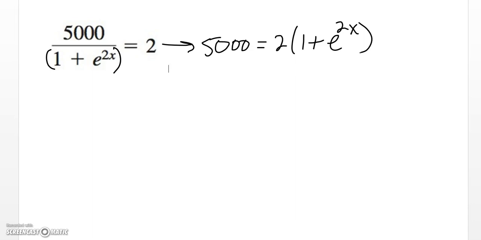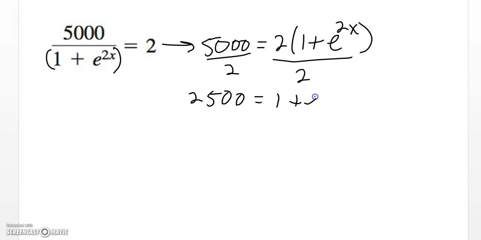You can distribute the 2, but we can just go ahead and divide out the 2. So that will give us 2500. 1 plus e to the 2x. Subtract 1 from both sides. 2499.